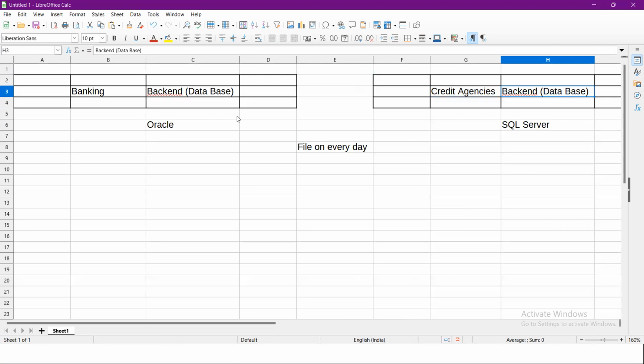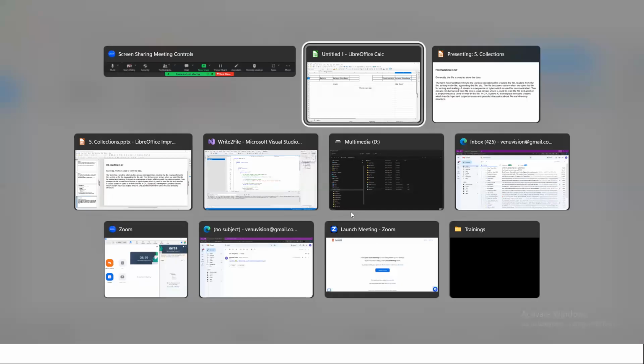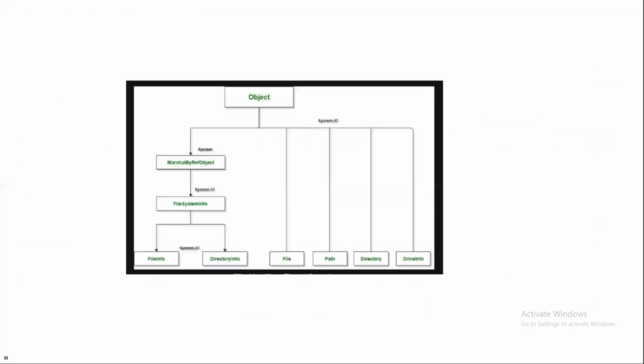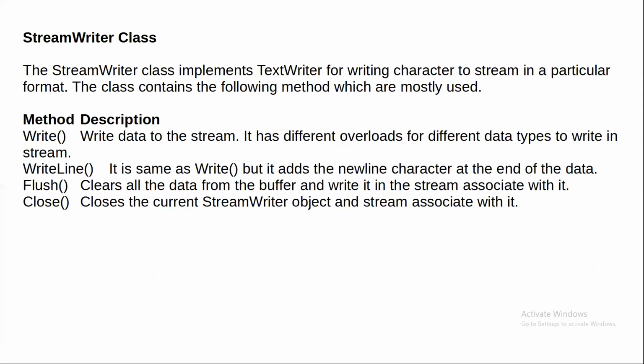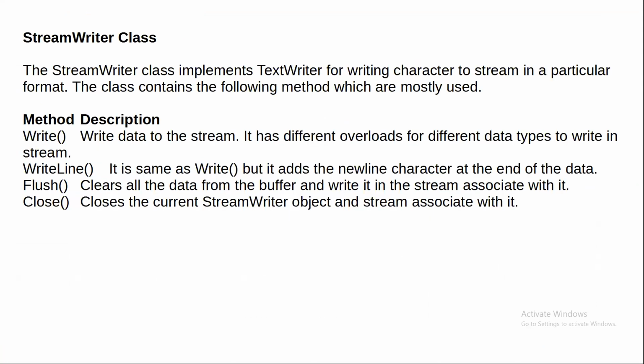Here C# provides a lot of classes to handle file operations. I will start with a couple of important streams, called StreamWriter and StreamReader. StreamWriter is a class which is used to write data into a file.